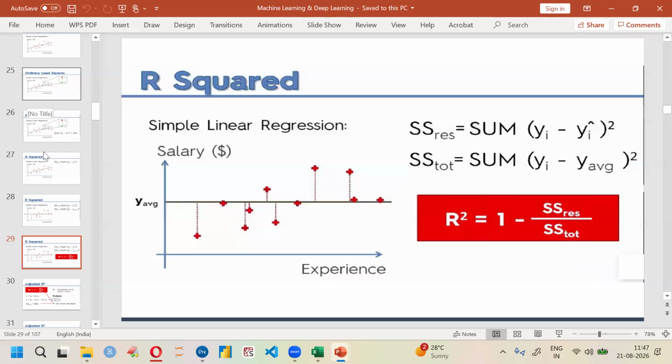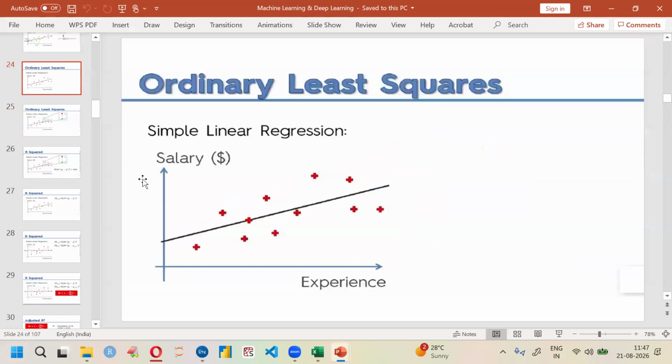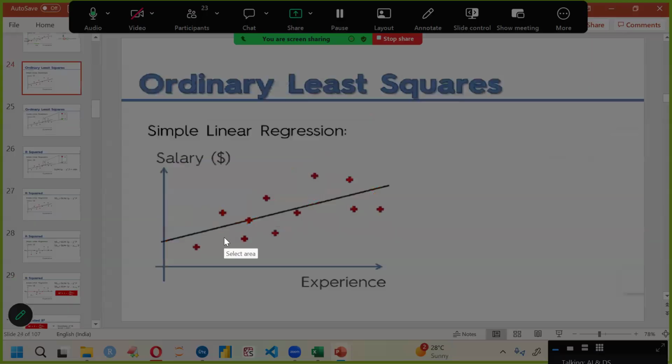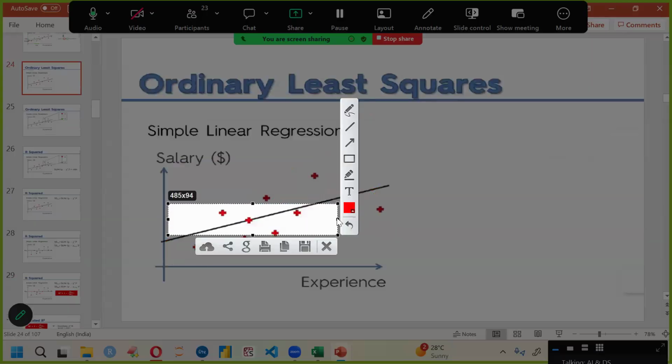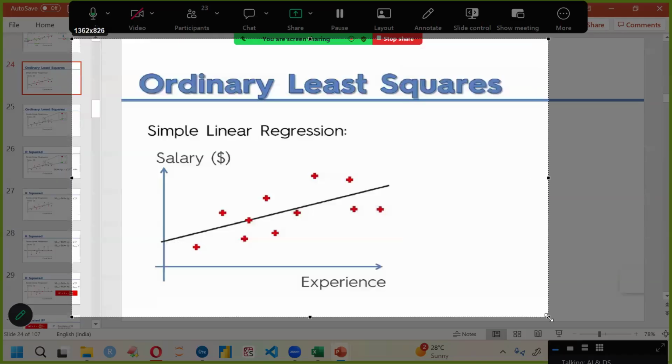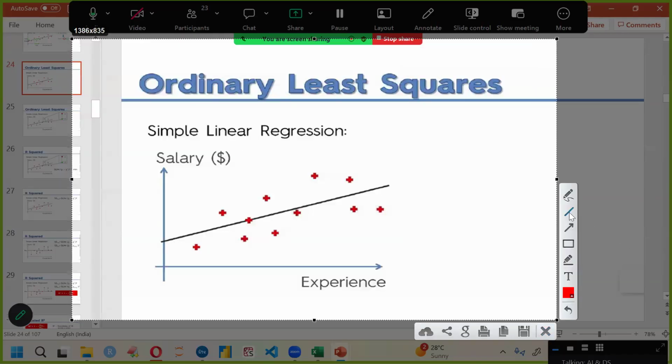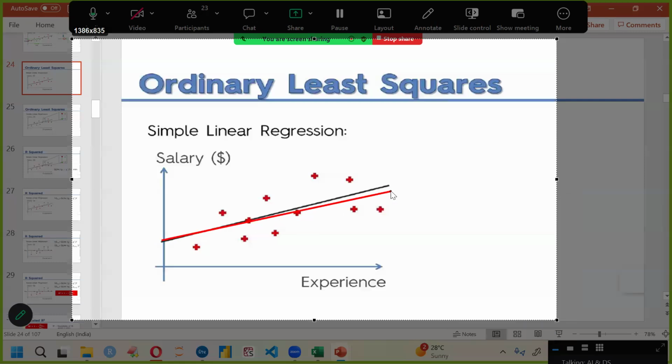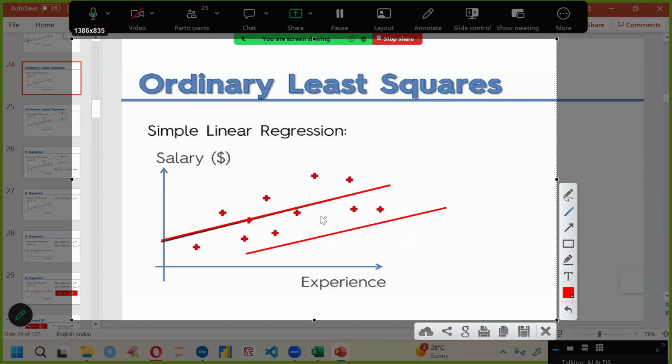Actually, we are not drawing lines and checking. Suppose I draw a line like this and check whether it is touching all the points, then try again with another line and check whether it is near to all the points.